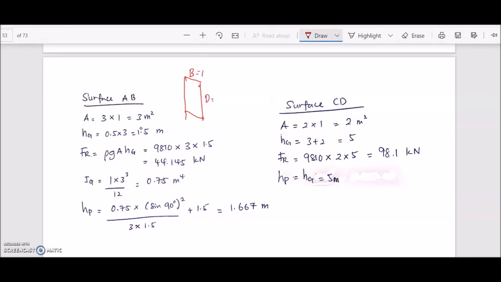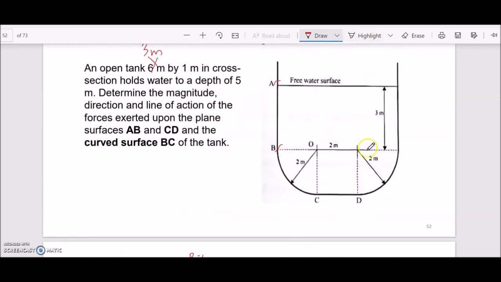From this figure, this is a cross section, so the width B is 1 meter. If we draw it in 3D, we have it like this: 1 meter is B and 3 meter is depth.